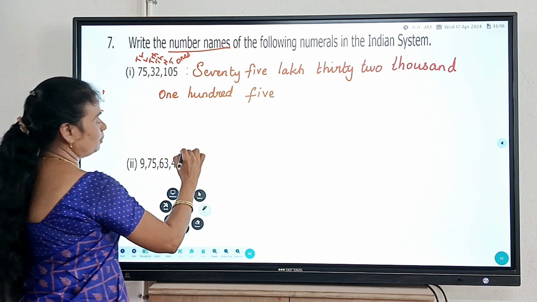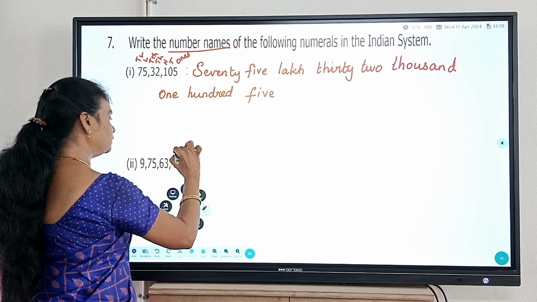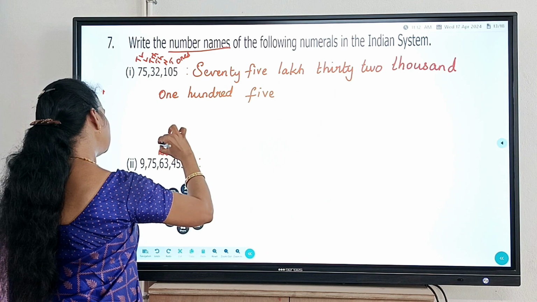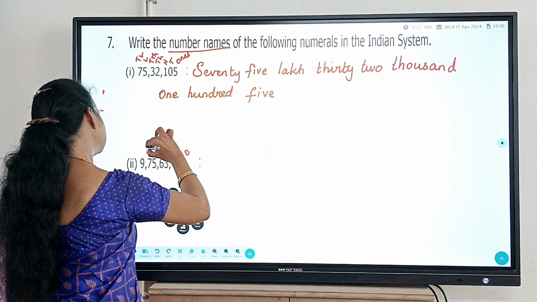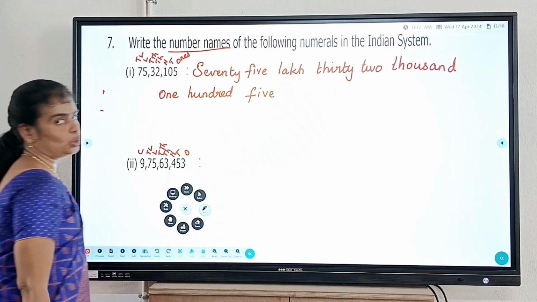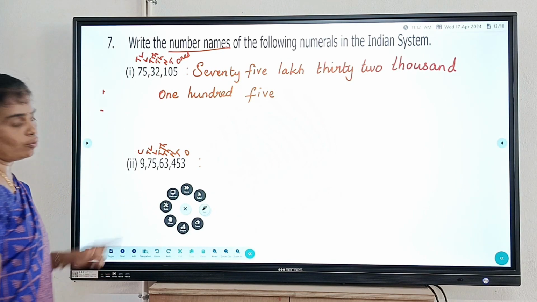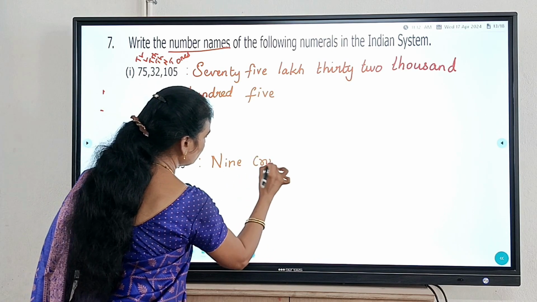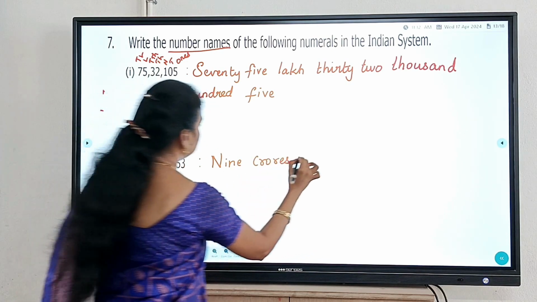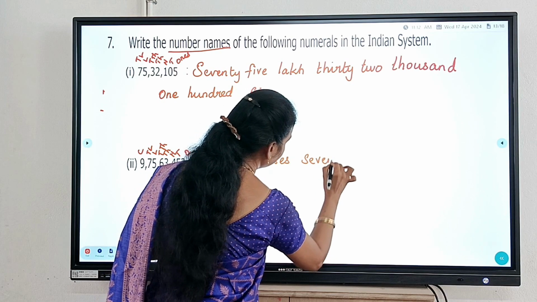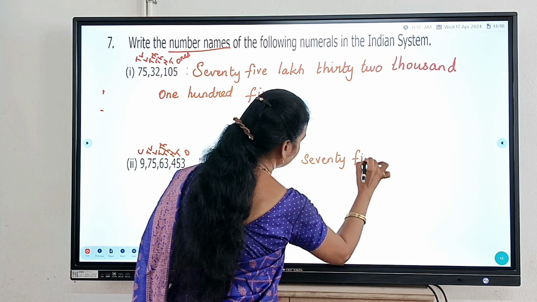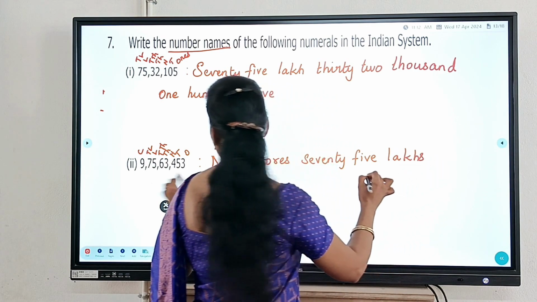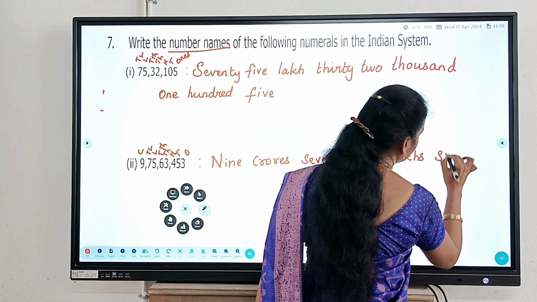Okay, now identify the place values. The first is ones, tens, hundreds, thousands, 10,000s, lakhs, 10 lakhs, crore. So 9 is in place of crores. So you will write 9 crores, 75 lakh, then 63,000.